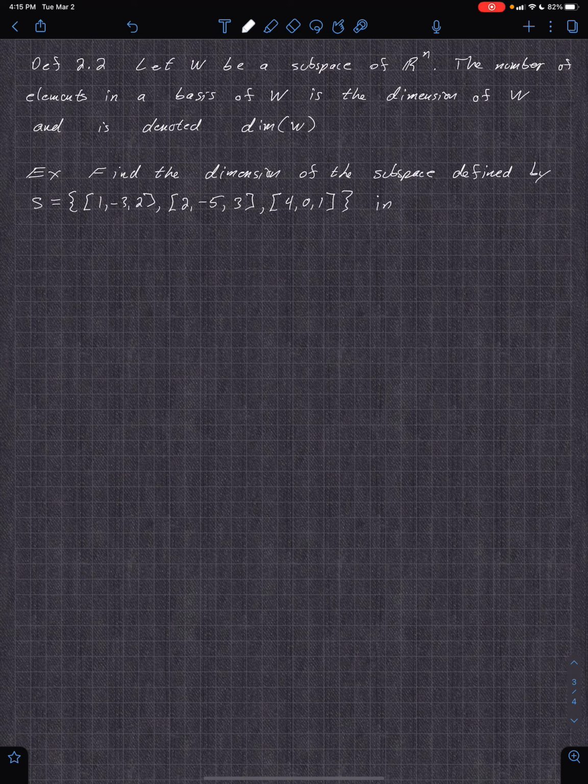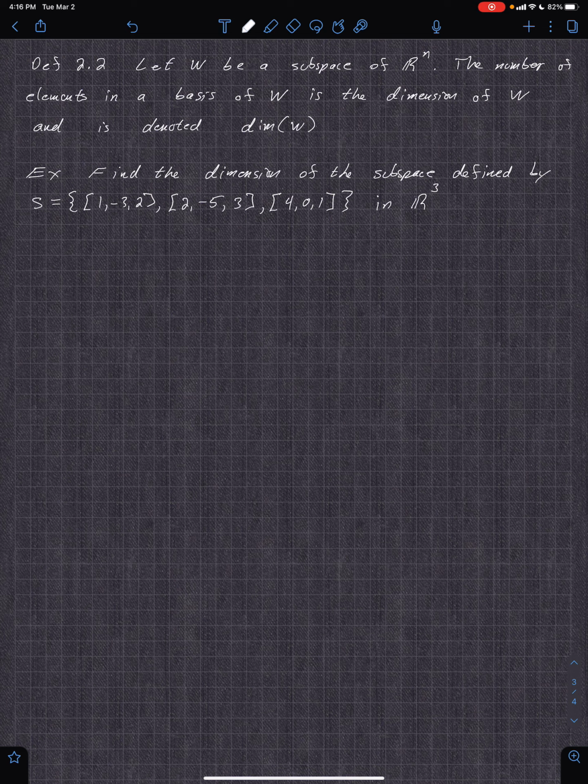Just to describe this, what set are these in? What's the big set? Those are in Rn, because there are 3 elements per vector, so that's in R3.